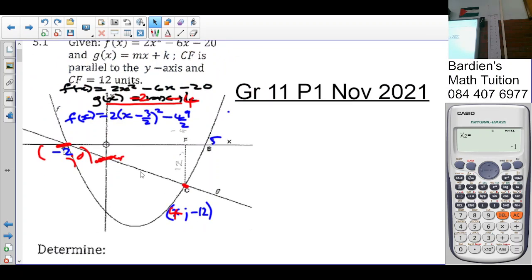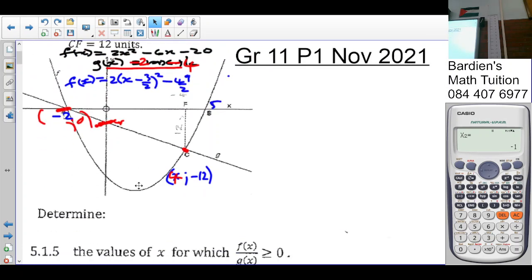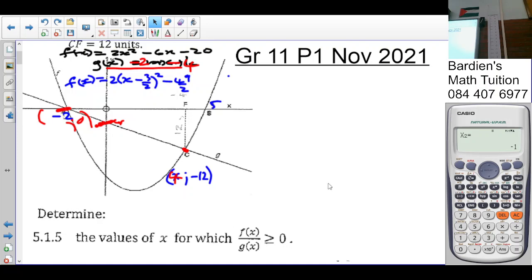So then, just 5.1.5, where's f of x? You guys leaving? Okay, so we'll just carry on from here next week.